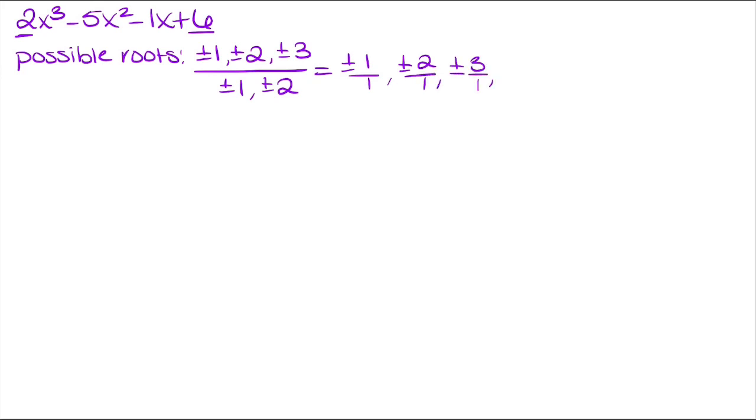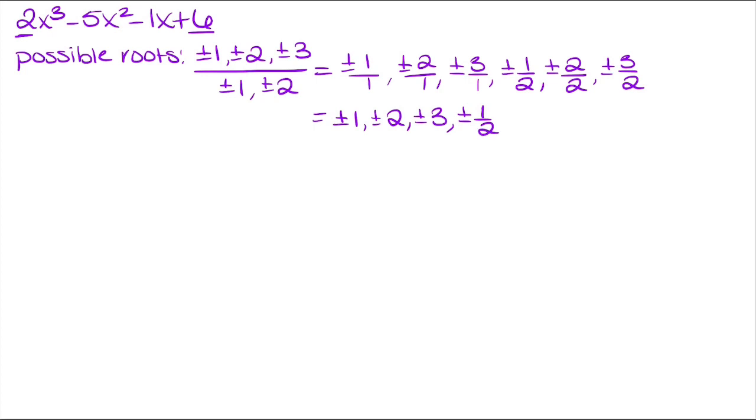And then when we use the second denominator, we have plus or minus 1 over 2, plus or minus 2 over 2, and plus or minus 3 over 2. So let's reduce these now. We have plus or minus 1, plus or minus 2, plus or minus 3, plus or minus 1/2. Plus or minus 2 over 2 is plus or minus 1, so I don't need to write that again. And then we have plus or minus 3 over 2.